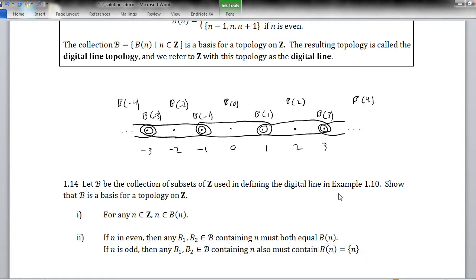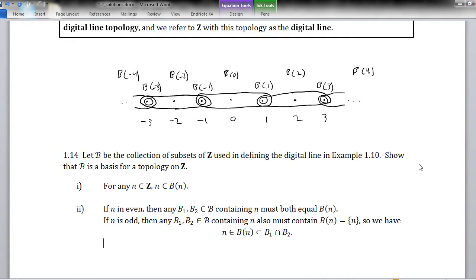Right. So we have the sort of thing we want, namely b of n, which is our b3 here, contains n, and is a subset of both b1 and b2. And that does it. That shows that B is a basis of a topology.